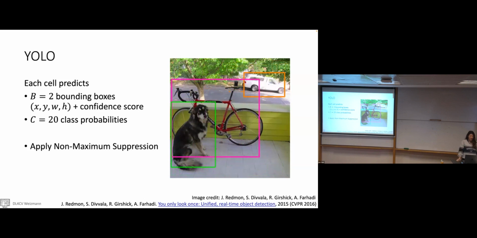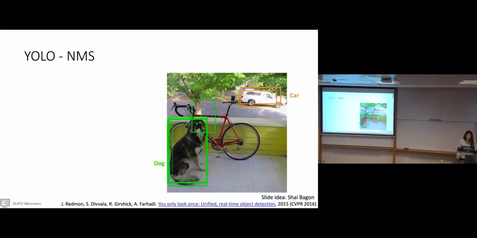So they suggest something called non-maximum suppression. The idea is that you want to take the maximum of the confidence, but between bounding boxes that are overlapping. How can you distinguish between overlapping bounding boxes? Something that I think Shai mentioned, which is IOU, intersection over union. If you have two bounding boxes, the intersection is the part where they intersect. The union is their union.